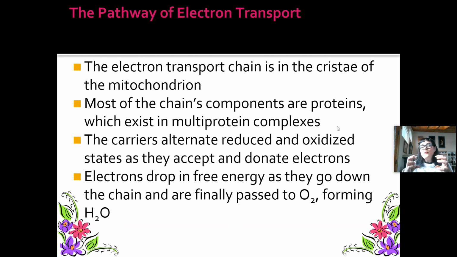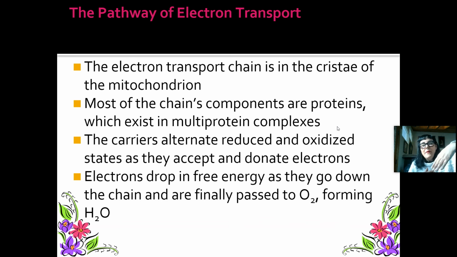As the electrons move down this chain, they become reduced when they receive them, then give them up to the next one and become oxidized, et cetera. Through all these redox reactions, free energy drops every single time, and at the very end of the chain they're very low energy.